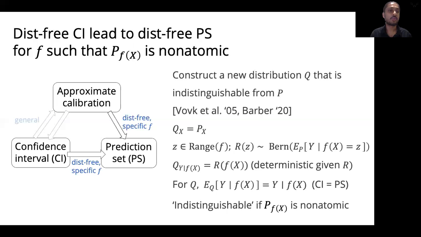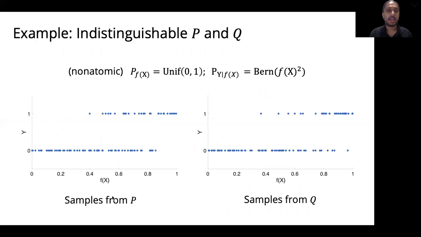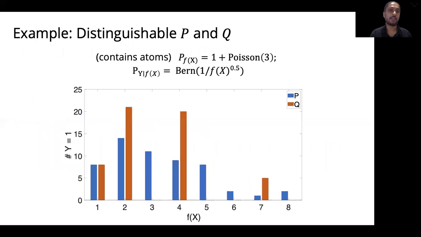And this leads to confidence intervals giving prediction sets also for P. Since for Q they're exactly the same and it's indistinguishable, you must also get it for P. I have a couple of examples here of distributions that are non-atomic and atomic on P_f(X), but I won't go through this. You can pause and have a look at them if you're interested.